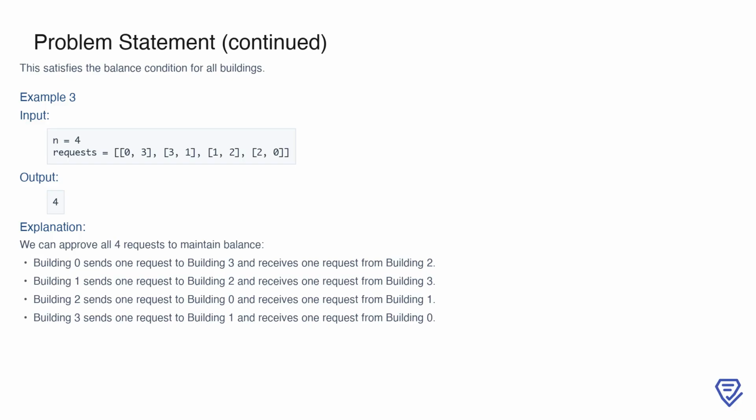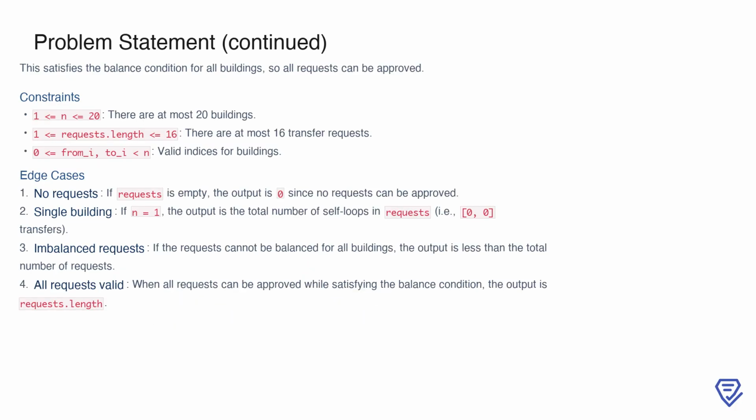Building 1 sends one request to Building 2 and receives one from Building 3, maintaining balance. Similarly, Building 2 sends a request to Building 0 and receives one from Building 1, while Building 3 sends one request to Building 1 and receives one from Building 0. Since the balance condition is satisfied for all buildings, all 4 requests can be approved, leading to the output of 4. As we can see, this example also satisfies the balance condition for all buildings, so every request is valid and can be approved.